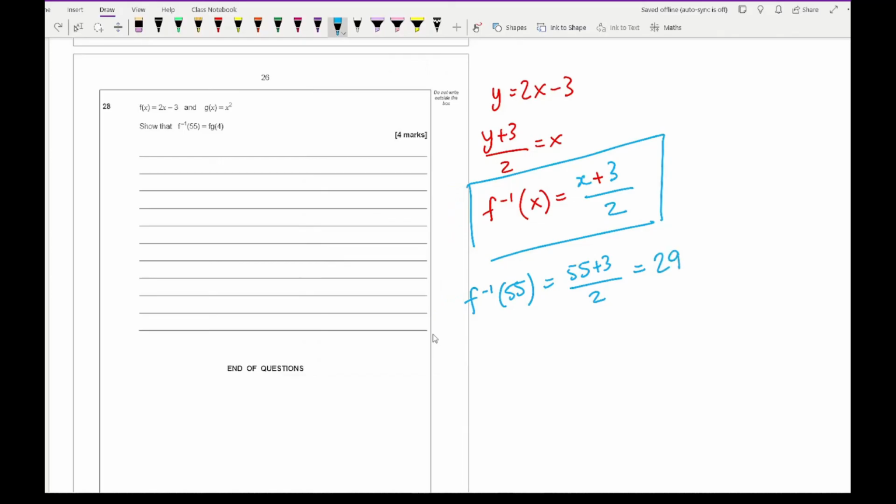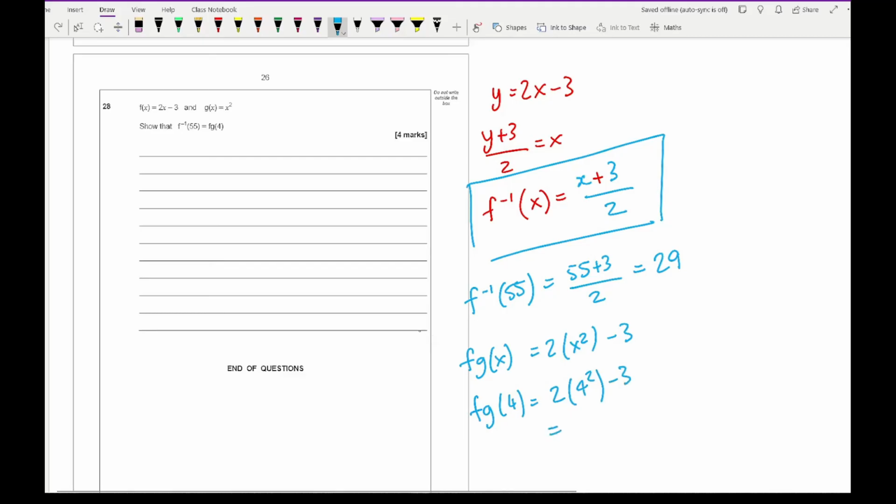And then if I work out fg of 4, so fg is where I'm substituting my g into f. So it's going to be 2 lots of x squared, minus 3. So that's the function. So fg of 4 is going to be 2 lots of 4 squared minus 3.